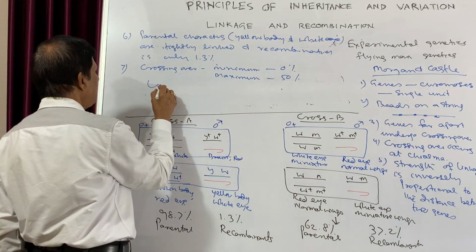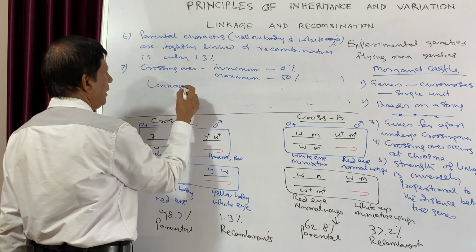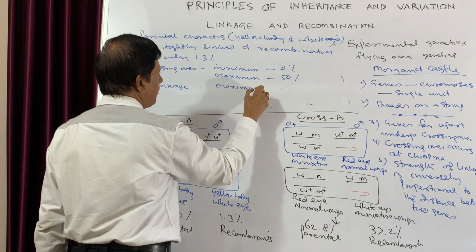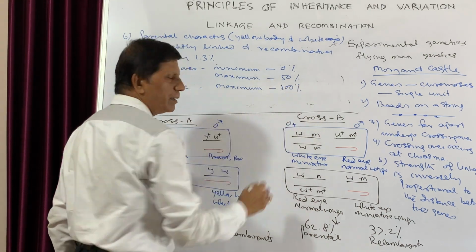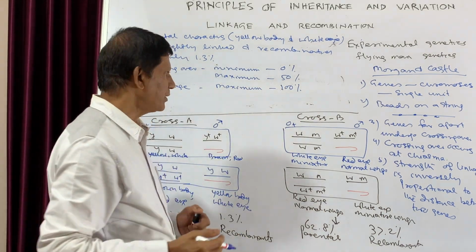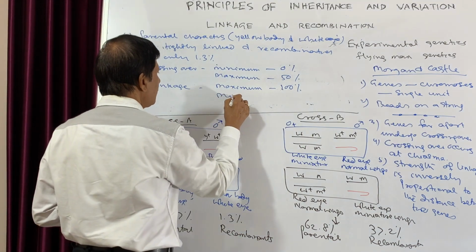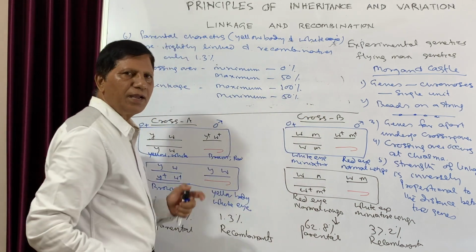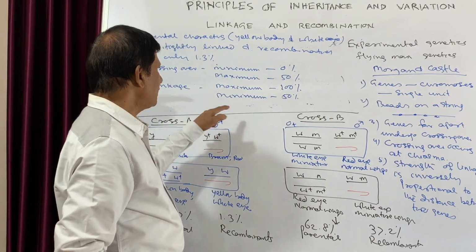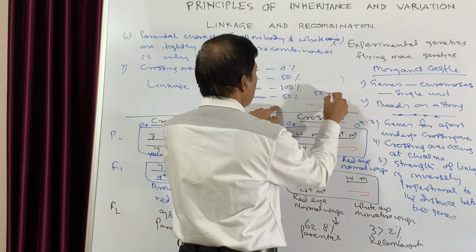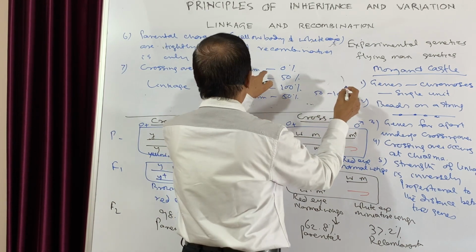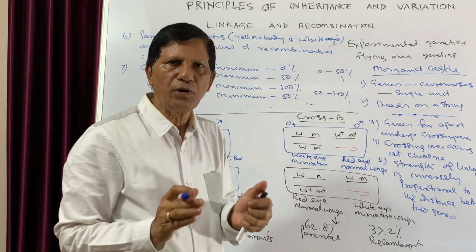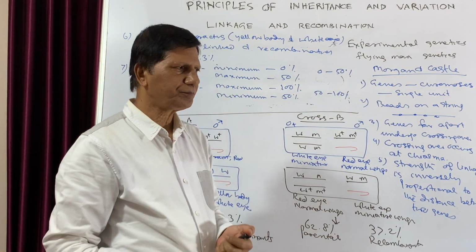While in case of linkage, the maximum linkage will be 100%. If there is no crossing over, then linkage is naturally 100%. And the minimum linkage will be 50%. That means the linkage varies from 50% to 100%, while crossing over varies from 0 to 50%. This is the rule of linkage and recombination.